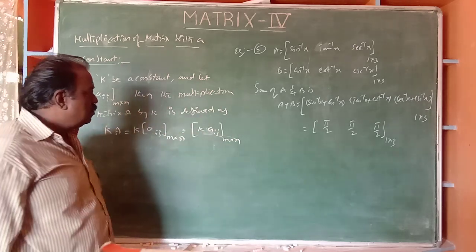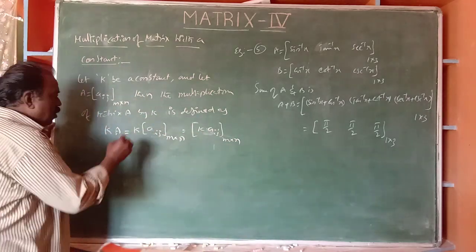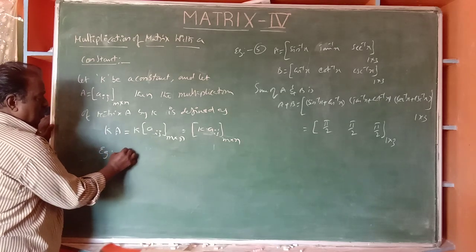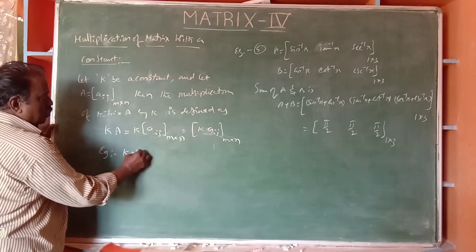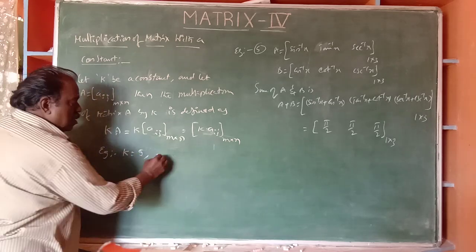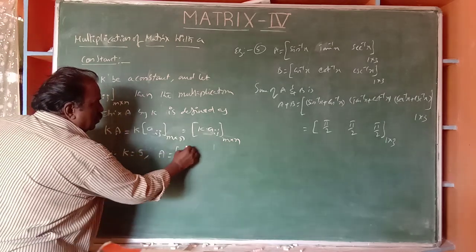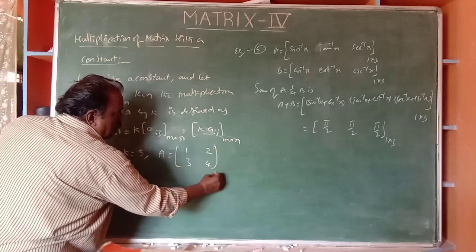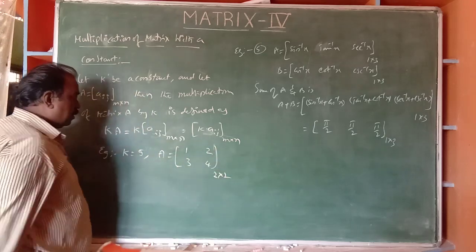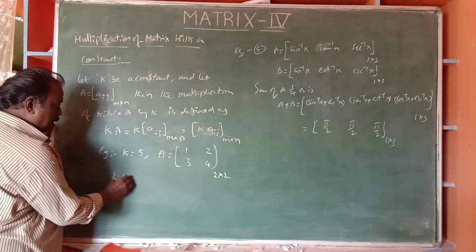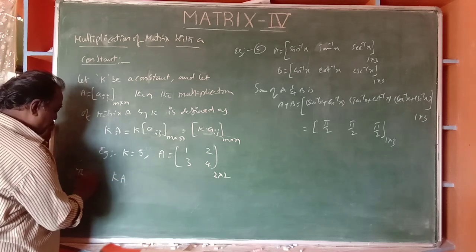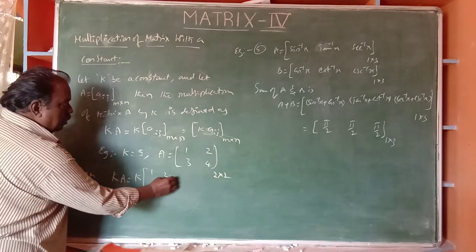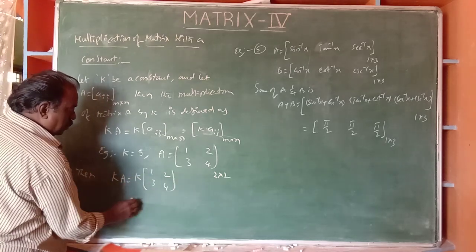For example, K is equal to 5 and A is equal to 1, 2, 3, 4, a 2 by 2 matrix. Then KA is K into 1, 2, 3, 4.